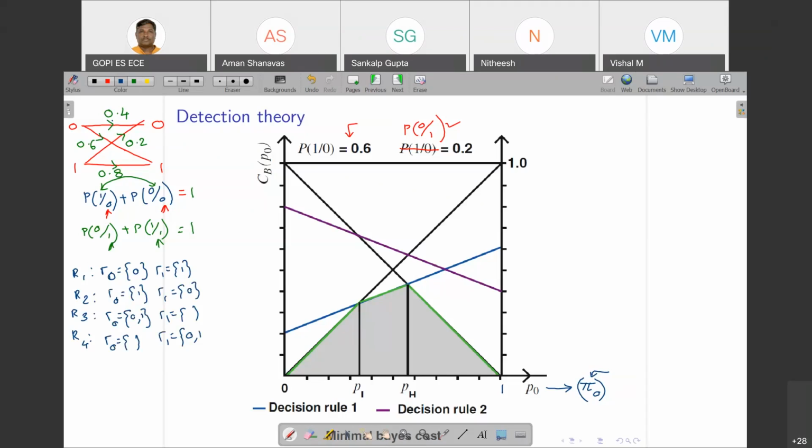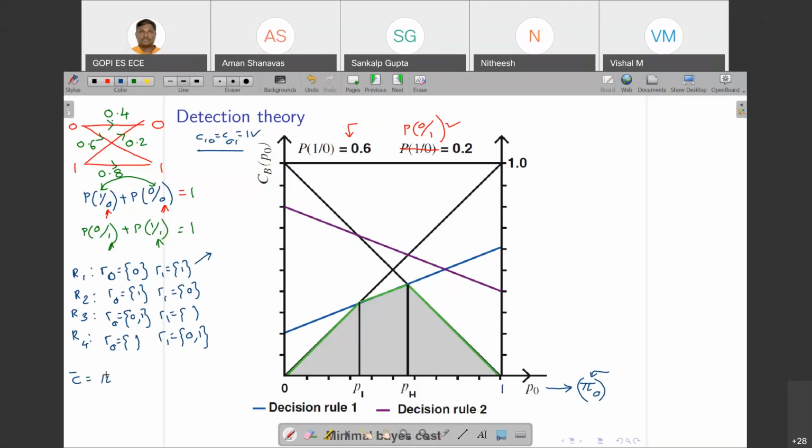Now I just wanted to know what my cost function, this C bar, is for rule 1. Of course, with the assumption that C10 is equal to C01, which is equal to 1, with equal weightage for both errors.